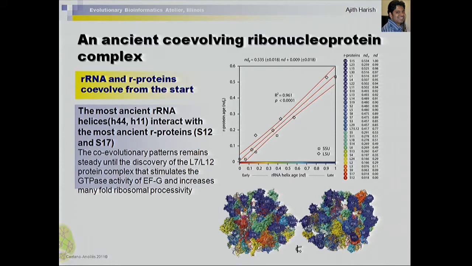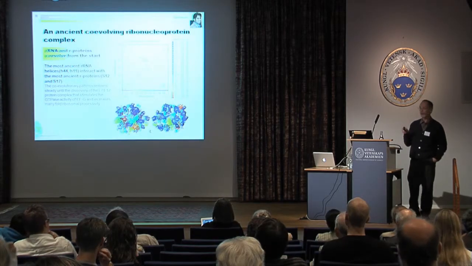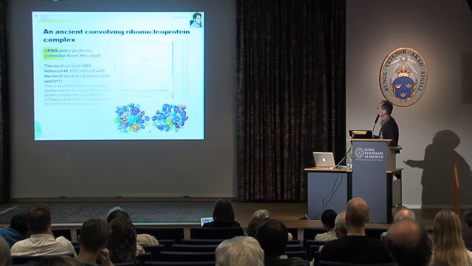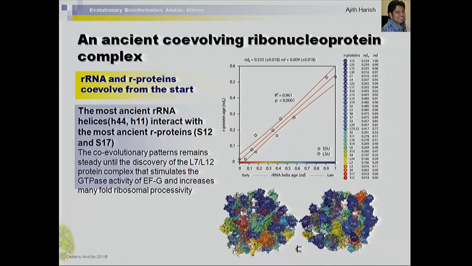So that means that the ribosomal proteins and RNA co-evolved from the beginning of this interaction. That started with the most ancient ribosomal proteins, which are S12 and S17, both of them having the OB fold, barrel structure. And this continued all the way until the L7/L12 protein complex that stimulates GTPase activity appears in evolution.